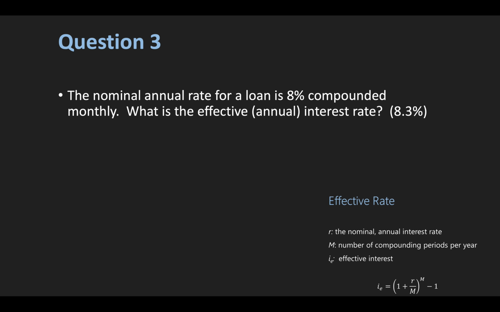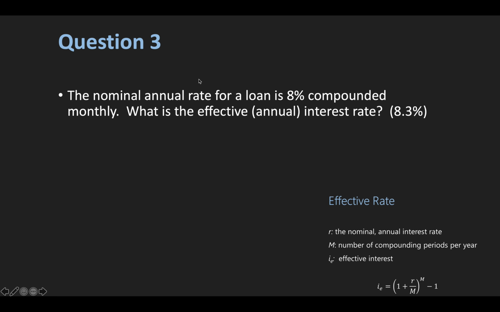Question 3 is this one. The nominal annual rate for a loan is 8% compounded monthly. What is the effective annual interest rate? I already gave the number here, but this is the equation we're going to use.